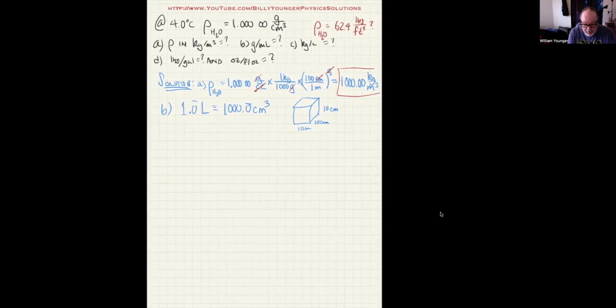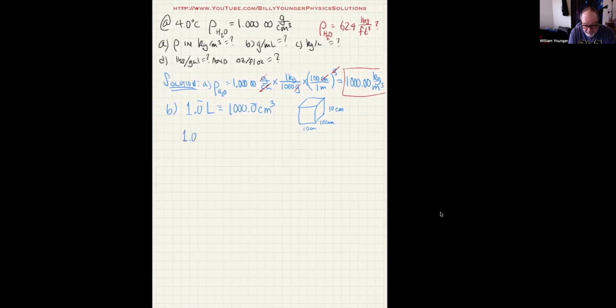centimeters, then 1 milliliter, which is just equal to 1 liter divided by 1,000, that's equal to 1.0 with an infinite number of bars on it, centimeters cubed.